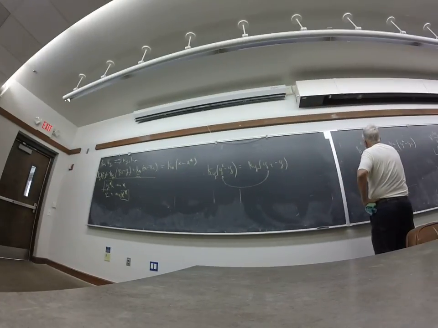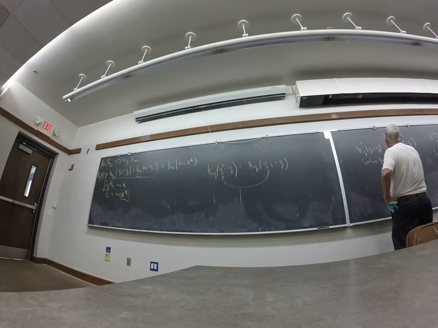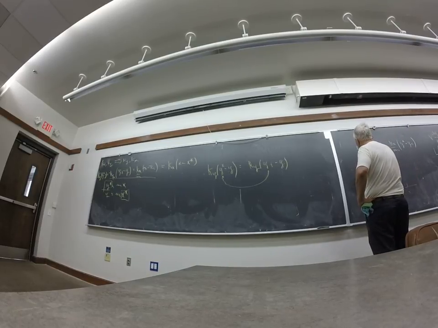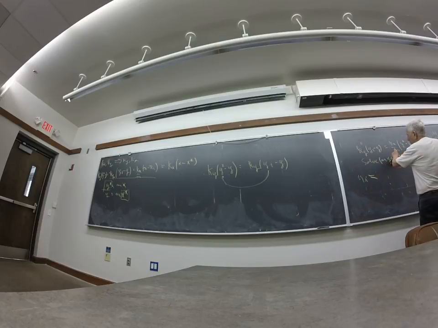Now I solve for yi. Well, it's clear that yi is going to equal, I'm going to get kx y star over m plus ky times y, divided by kx over m plus ky.